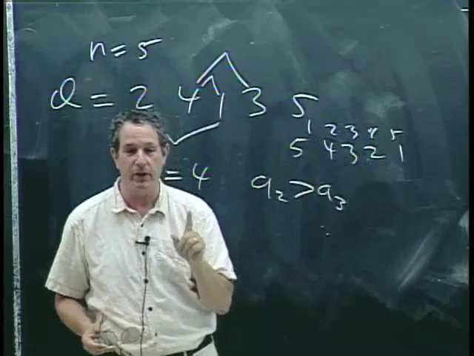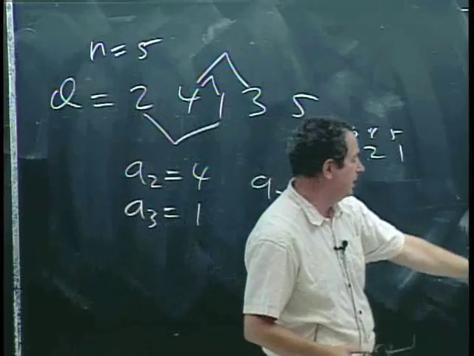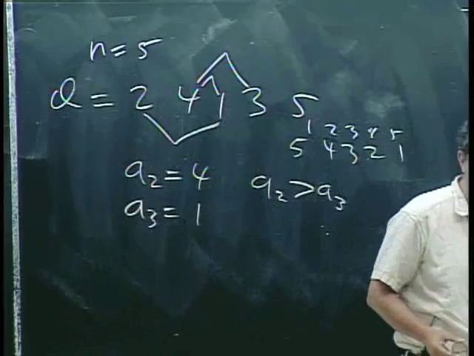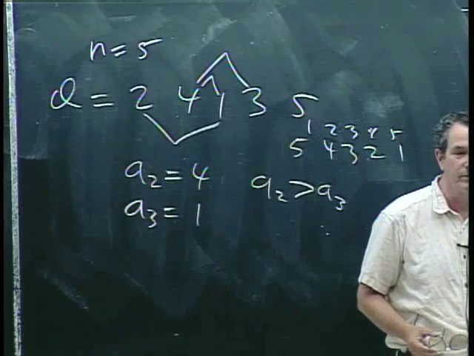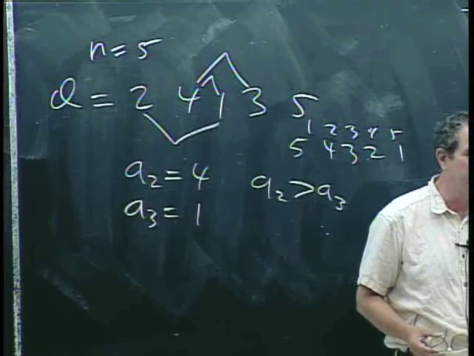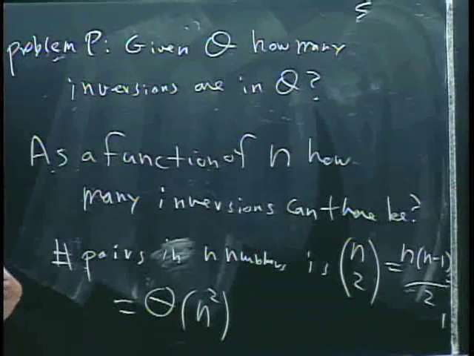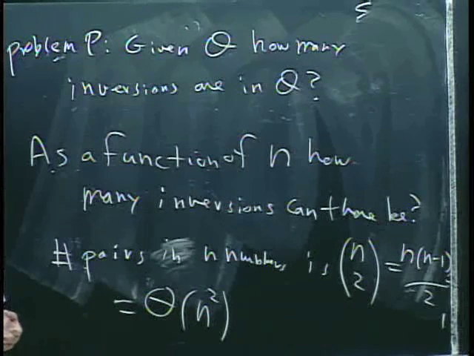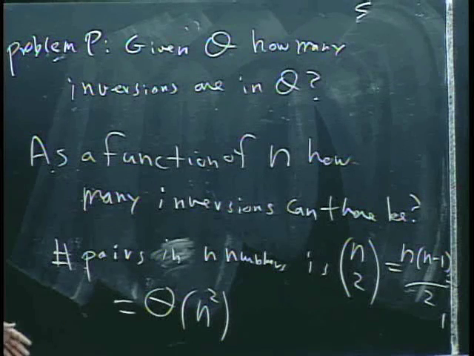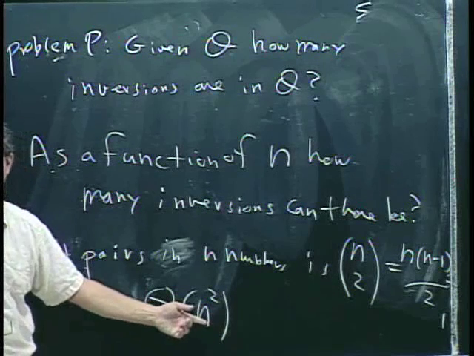But I want to ask my trick question first. Since you can have up to n squared inverted pairs, if I want to count the number of inversions, do you think it's going to be possible to have an algorithm whose running time is better than n squared?